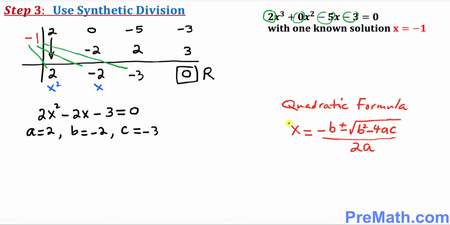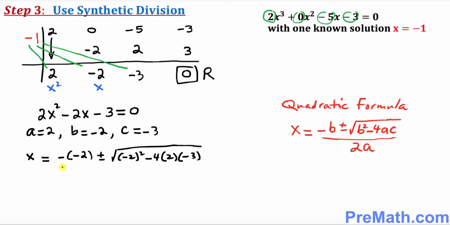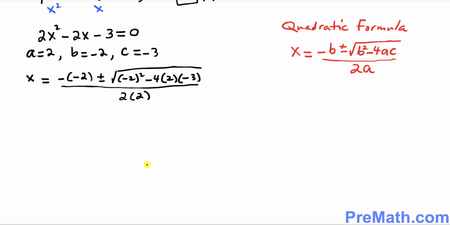Let's plug it into this given quadratic formula. So what we get: x equals minus b, and b is negative 2, plus minus the square root of b squared, which is negative 2 squared, minus 4 times a, which is 2, times c, which is negative 3. Everything is divided by 2 times a, which is 2. So let's go ahead and simplify it now.